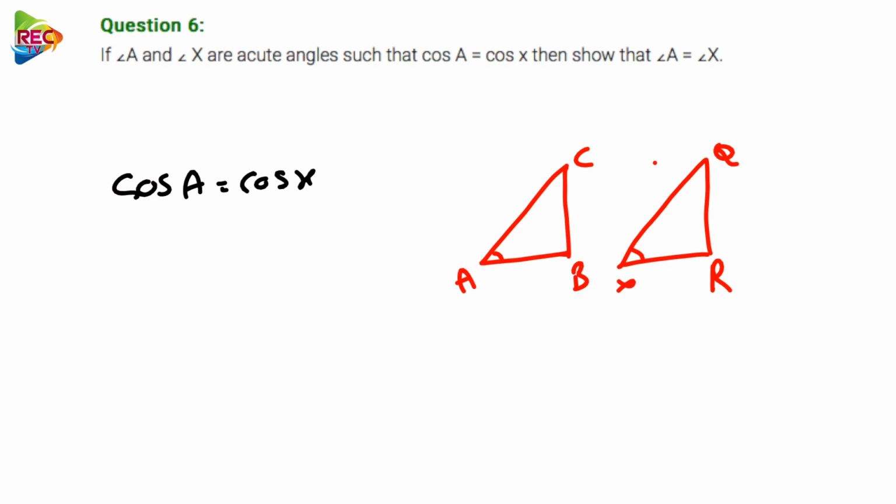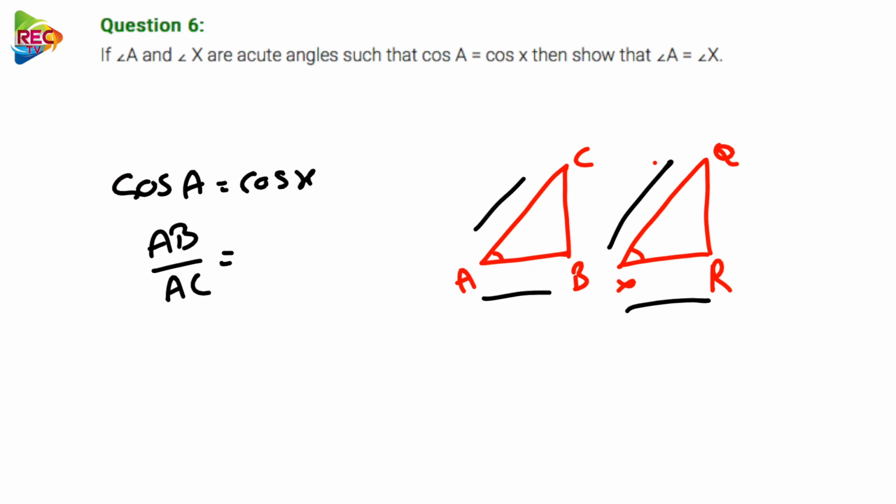So cos A equals AB by AC. Adjacent side of the angle is AB and hypotenuse equals AC. Similarly, cos X equals XR by XQ. Adjacent side of the angle is XR and hypotenuse is XQ.